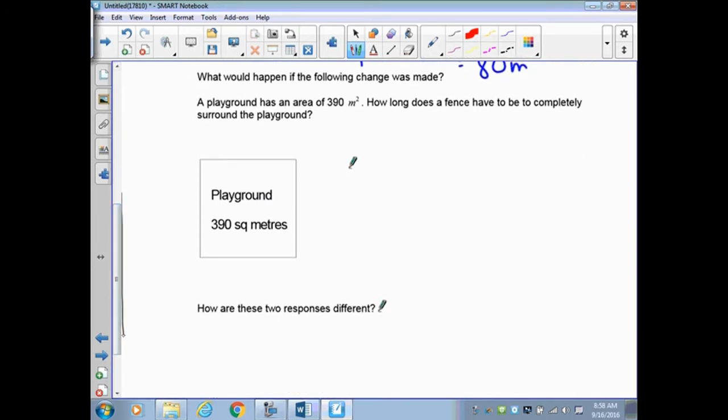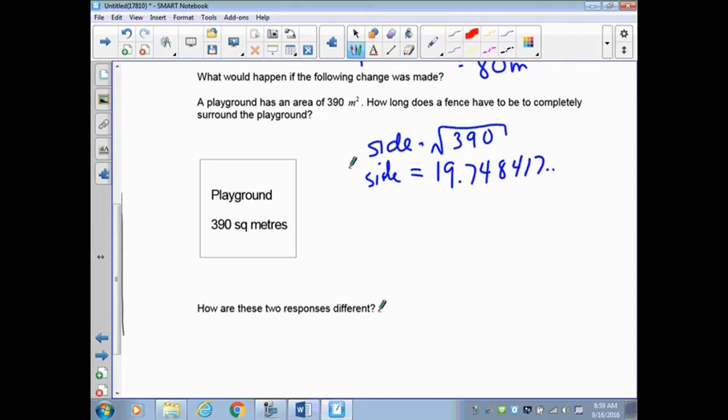Let's change the question just slightly. What if 390 was my area? To find the side length, we have to find the square root of 390. And you'll notice that this time, the number is not a whole number. It's actually 19.748417.